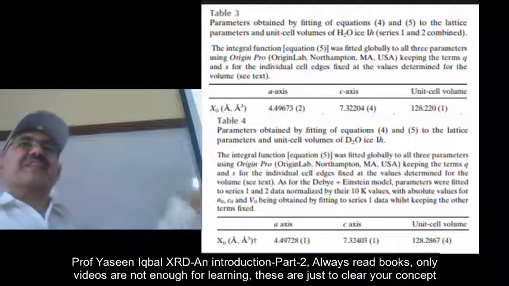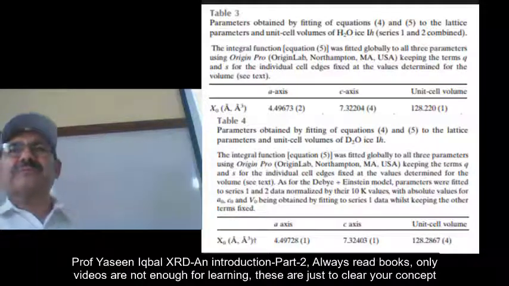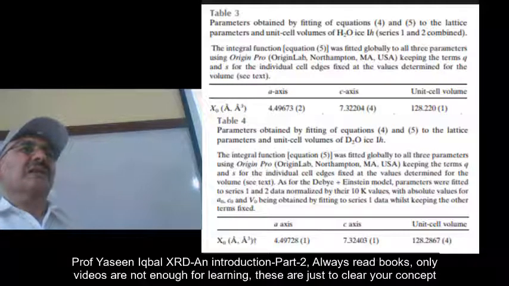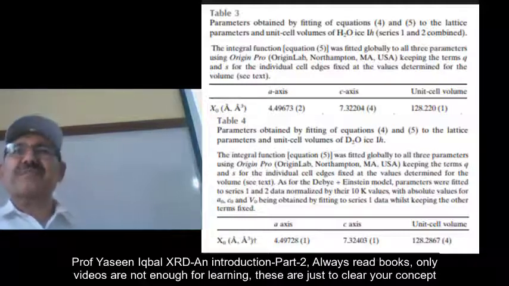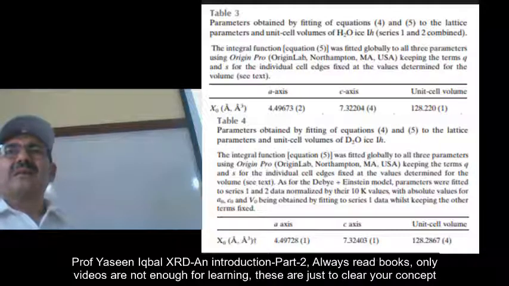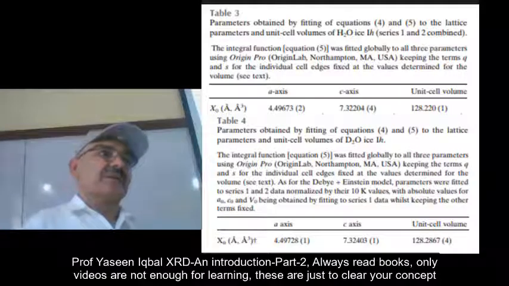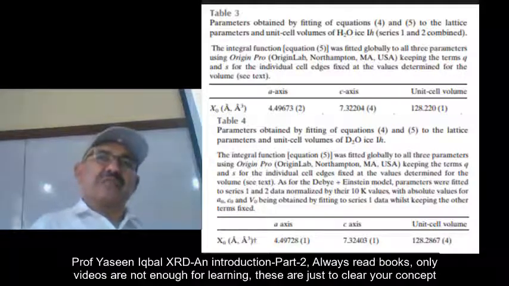So what structure are they? Can you tell me? Can you guess from the parameters? When B is missing, this means A is equal to B, not equal to C, which is tetragonal.